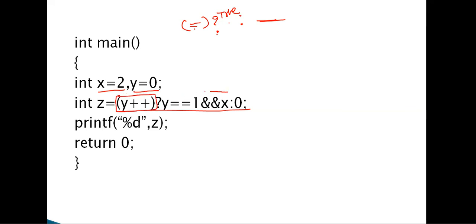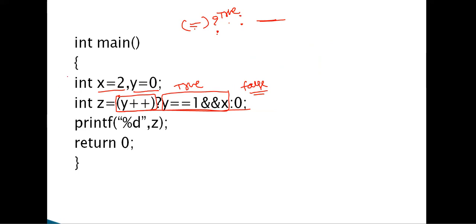The entire thing between the question mark and colon is considered as a true block, and 0 is considered as the false block.